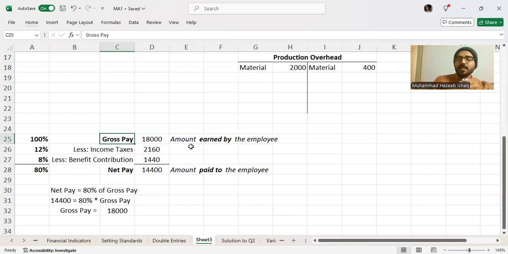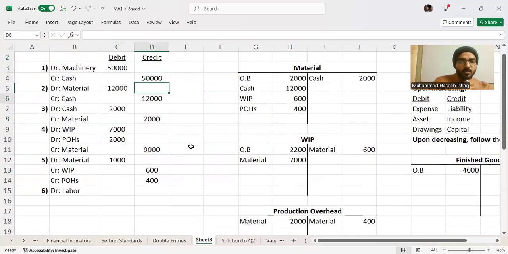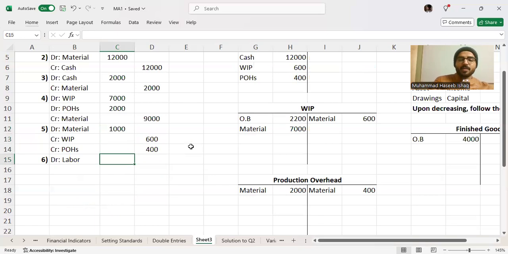The reductions you have made are not going to you; they go to the income tax authority and the benefit contribution authority, and these are amounts related to your employee. So the cost incurred to the organization is the 18,000 amount, not the 14,400 amount. This is how things work.